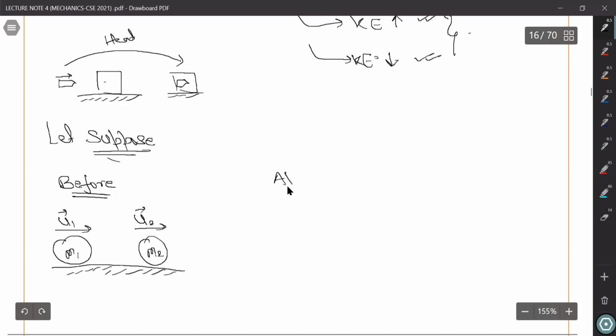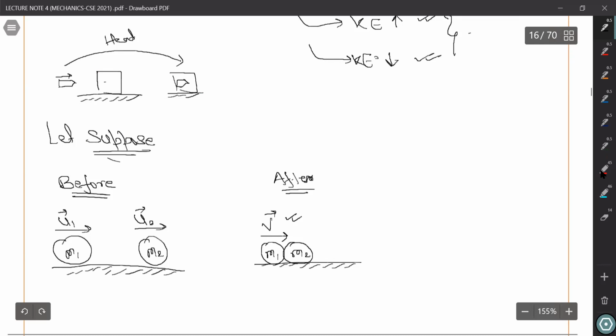Okay, after some interval of time, it will move with velocity v and stick to each other. This is m2, right? So they will stick to each other, and they will move with the same velocity. So we need to find this v.